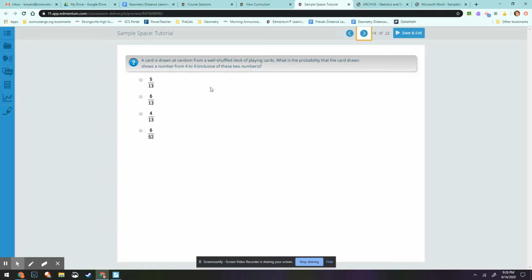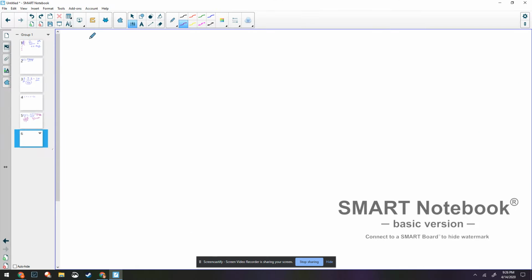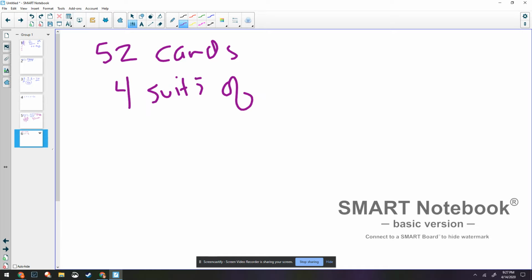So here we have a card is drawn at random from a well-shuffled deck of playing cards. What's the probability that it shows a number from 4 to 9, inclusive of those two numbers? So first of all, I hope you all know that a deck of cards has 52 cards. It has 4 suits of 13 cards each. Okay, and so we want to know the probability of pulling a 4 through 9, including those numbers.